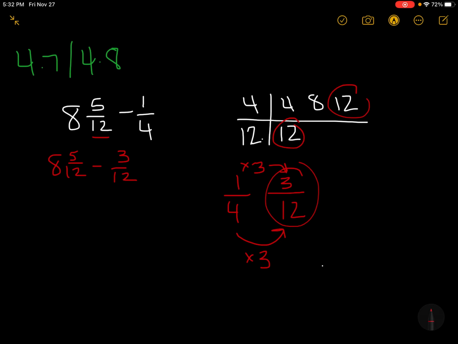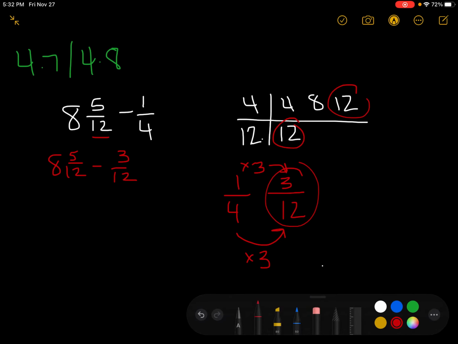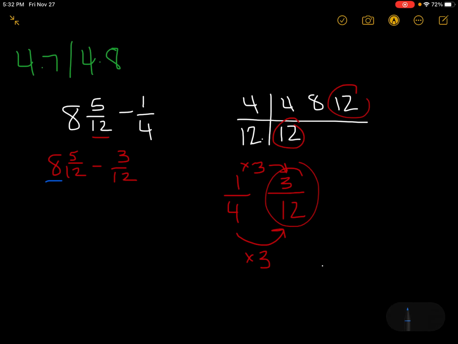Subtract my whole numbers first. 8 minus nothing is 8. And then I move on to my fractions. 5/12 minus 3/12 is 2/12. And I can simplify that as well. I know that 8 will stay 8. 2 can be divided into 2 and 12 evenly.